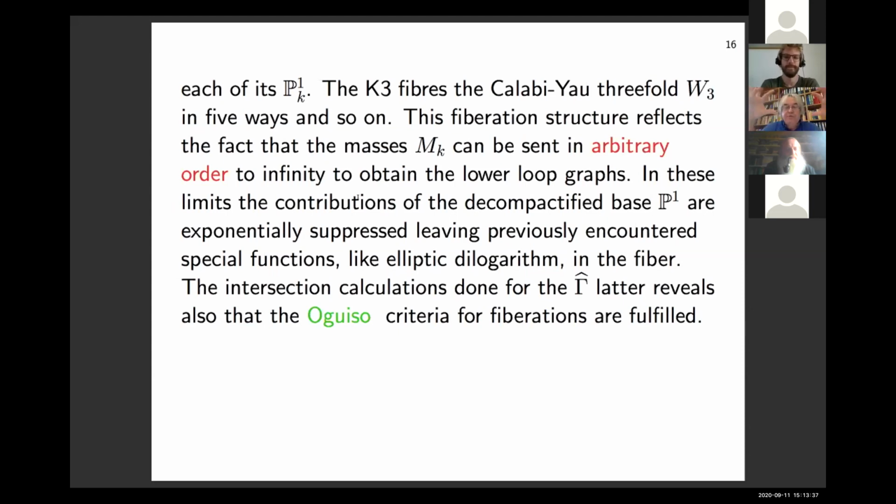And also, if you say that the full graph, as I will argue in a second, is described by a general GKZ system, you can get in many, many ways to your favorite elliptic dilogarithm or whatever in every fiber. So we can also see that the intersection calculation done for this gamma class, which we have to do anyway, reveals that this Oguiso criterion for the fibration structure of the Calabi-Yau is fulfilled.